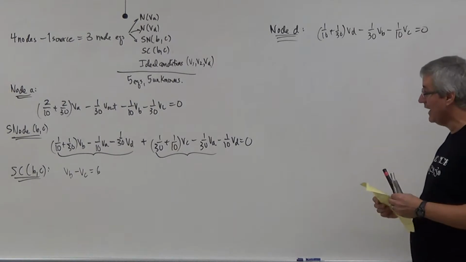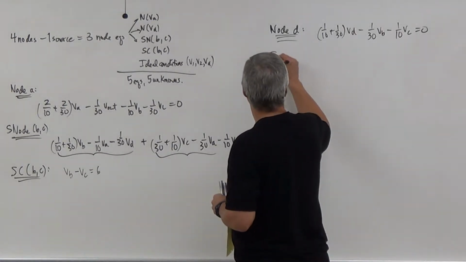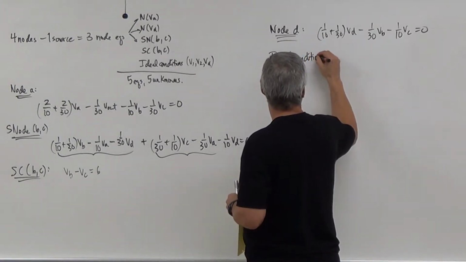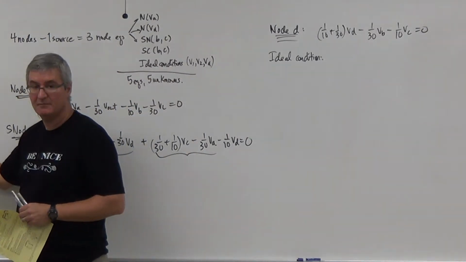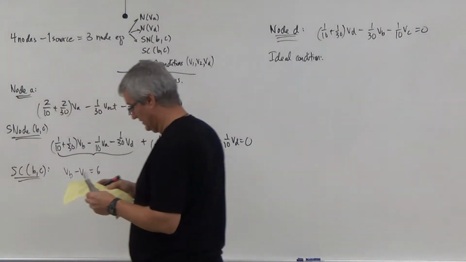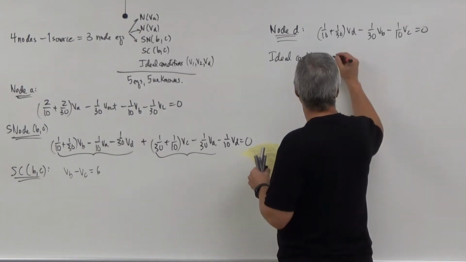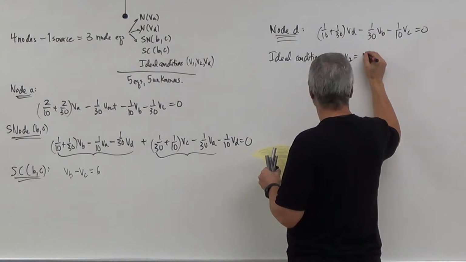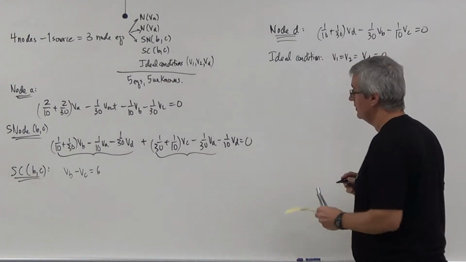So now I have the ideal conditions. So if I look at the ideal condition, it says that VD must be the same as VD equal to 0 here. Right? So we say here that V1, V2 must be the same, so they got to be equal to 0.